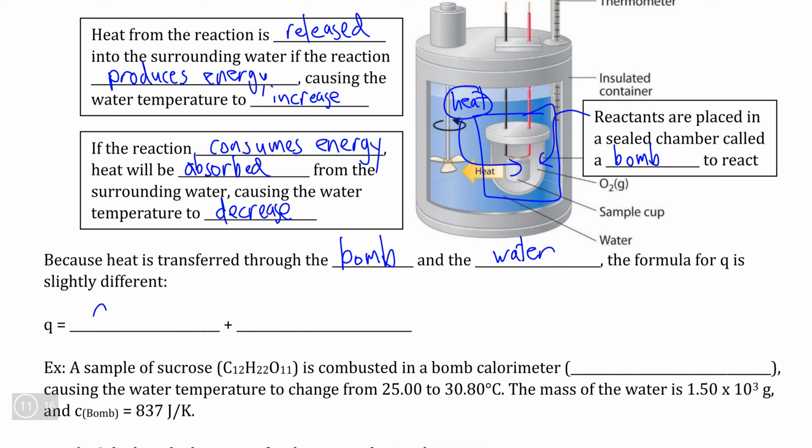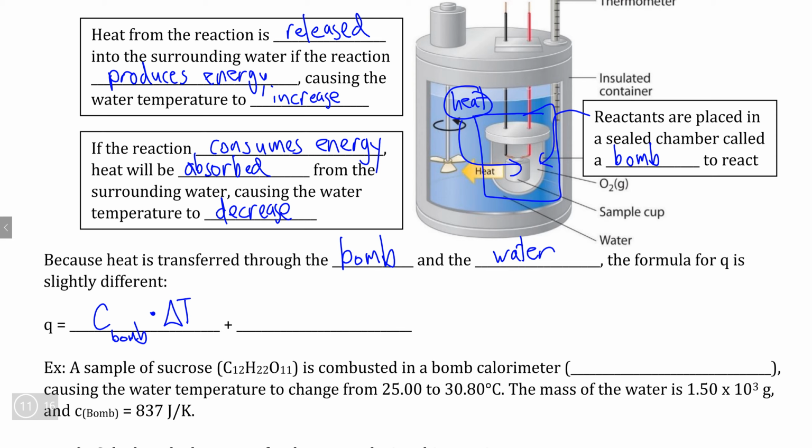We also need to consider the amount of heat that the bomb can absorb per degree Kelvin that is increased in order to look at the total amount of heat transferred. So our formula would reflect that, where we have the specific heat capacity of the bomb multiplied by the change in temperature. Because the mass of the bomb is constant, we don't usually consider that.